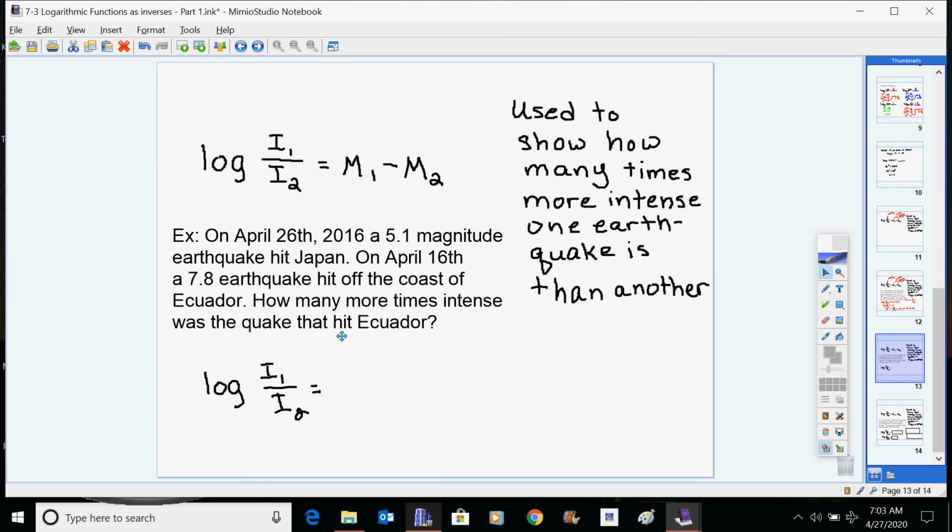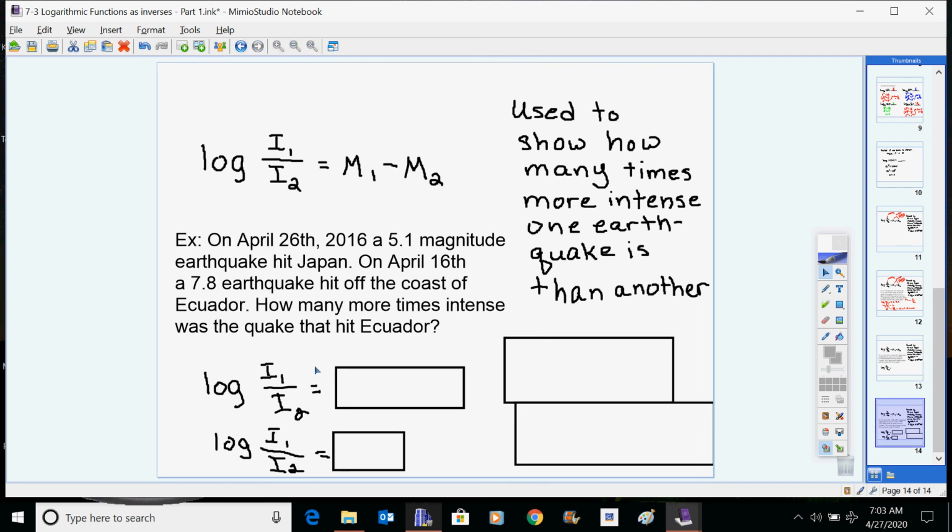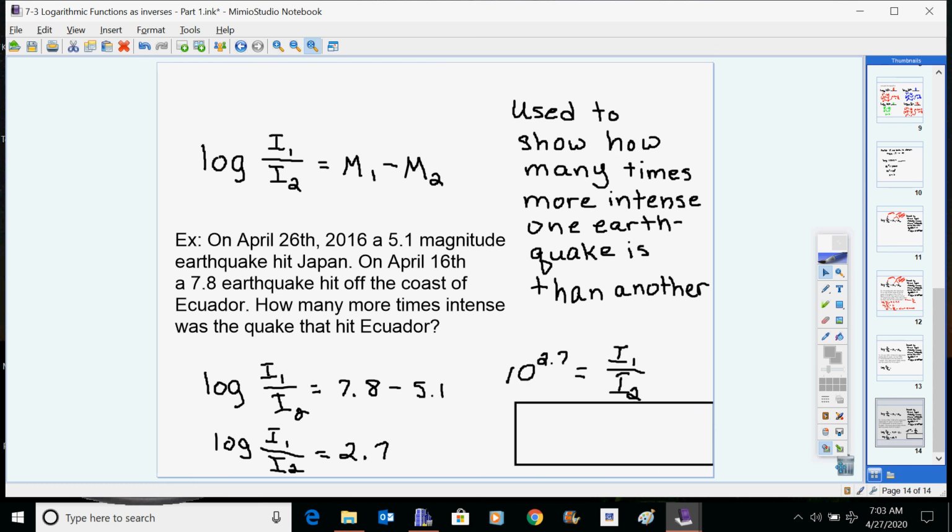These numbers don't seem too far apart, but when we start doing the calculations, we're going to find something pretty surprising here, unless you really have a good sense of what these numbers mean. So 7.8 minus 5.1 is our formula. That gives us 2.7. So what this means is that 10 to the 2.7 power is how many times stronger that would be.